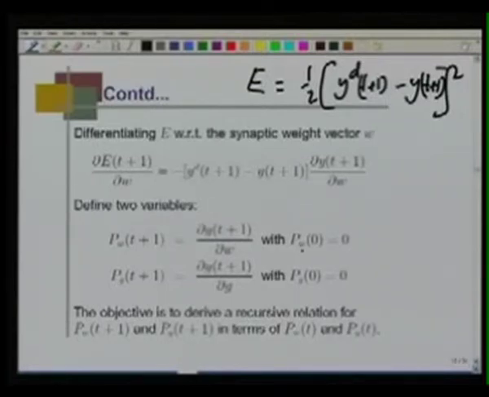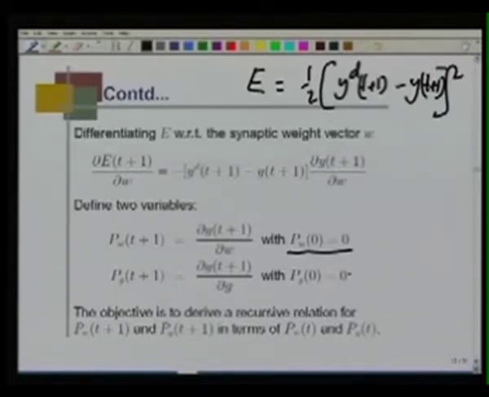With the assumption that Pw0 is 0. What is Pw0? Pw0 is del y0 upon del w. Similarly, Pg0 is del y0 upon del g. So, the partial derivative at time instant 0, that is the initial condition, is 0.